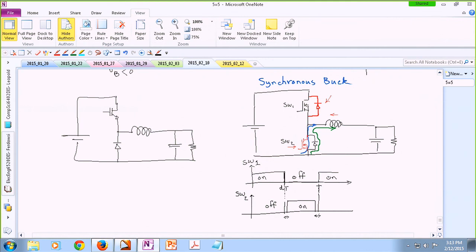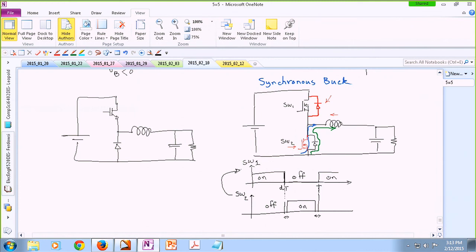So now the current is passing through the green path. And then you turn the top switch on, and the bottom diode is reverse biased, and then the current is going to switch to the top switch. So this is called synchronous buck because you have to synchronize this signal with respect to the top signal. It's called a synchronous buck converter.